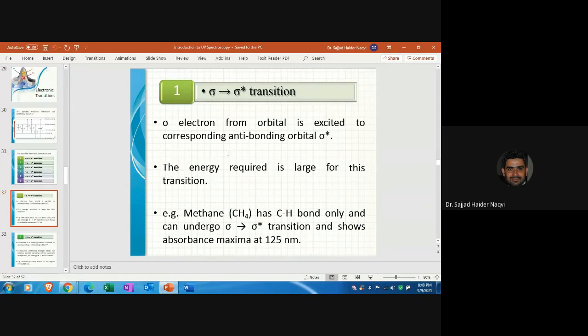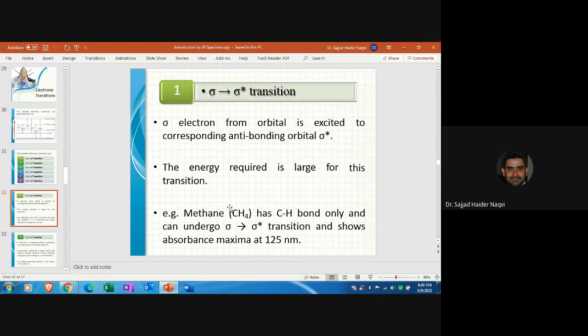They are excited to an anti-bonding orbital called sigma star. The energy required for this transition from sigma electron to sigma star anti-bonding is large. That means you need a reasonably large amount of energy to do this transition from sigma to sigma star.